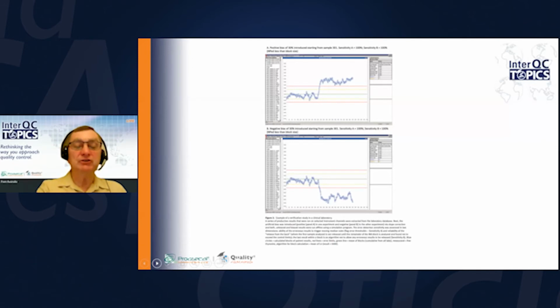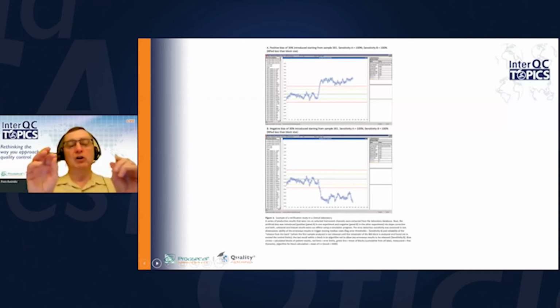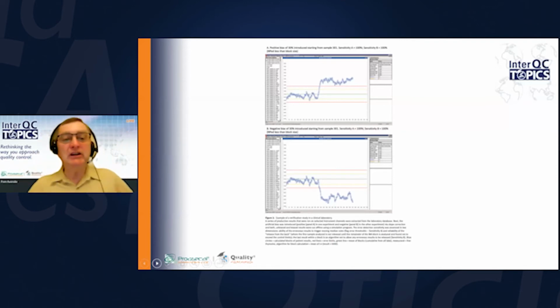So you can see by doing this process in simulation how long it takes, that is, how many patient samples it takes, using the algorithm, the control limits, and the truncation limits, before you can detect that you're out of control for both a positive and a negative bias. Both are given because sometimes the control rules are more effective at detecting positive error than negative error, so you need to detect both.